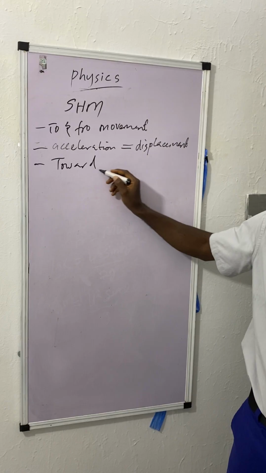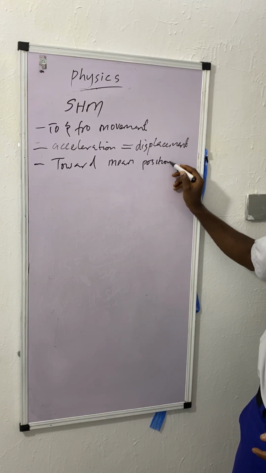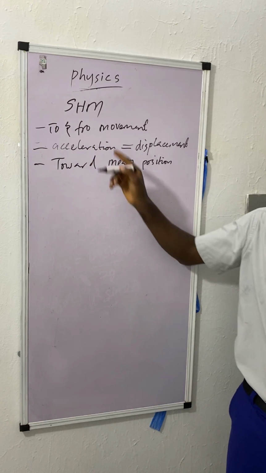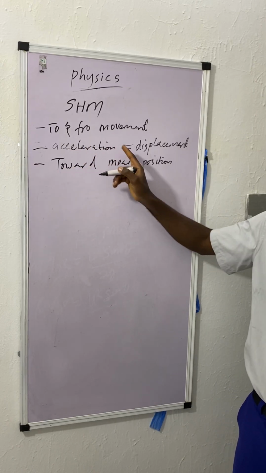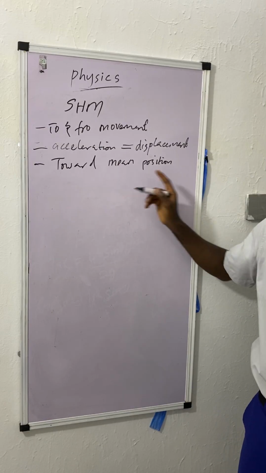So it's a to and fro movement whereby the object's acceleration is directly proportional to displacement and the object moves towards the mean position.